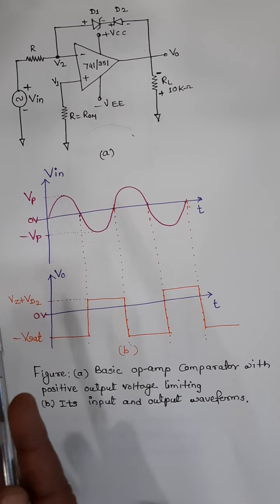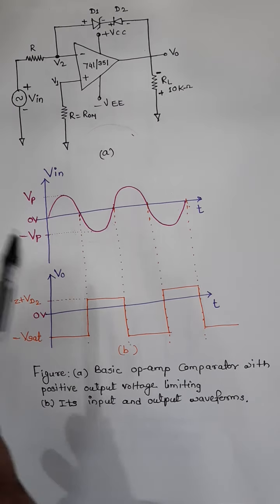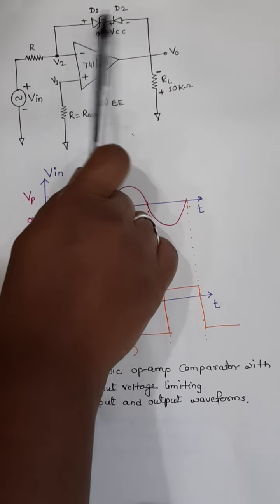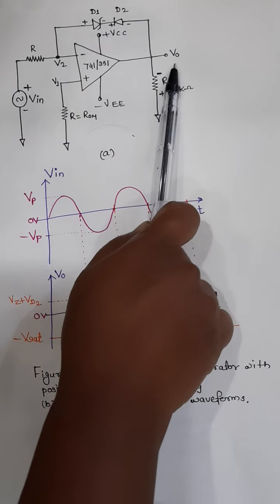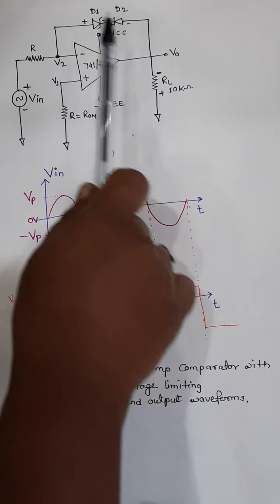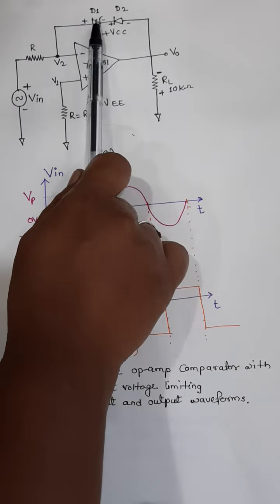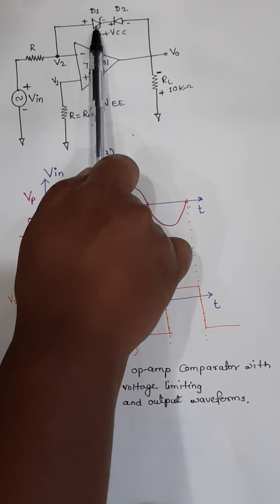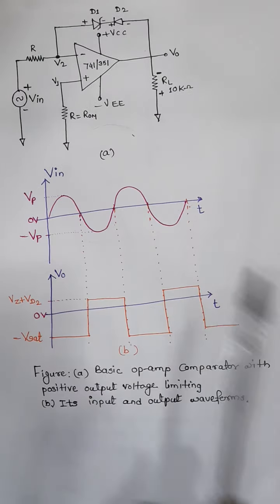Okay. So what happens is, during the negative half cycle, the output will be limited only to this value of voltage. It does not go into saturation. This will only show the output, which is VD2 plus the voltage drop across the Zener, VZ plus VD2 is the output voltage.